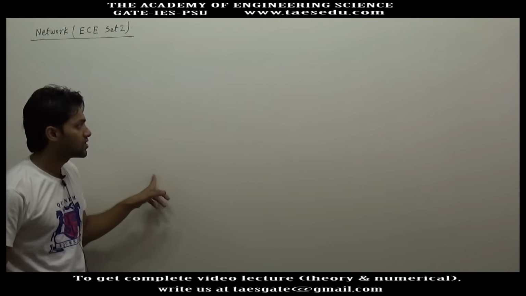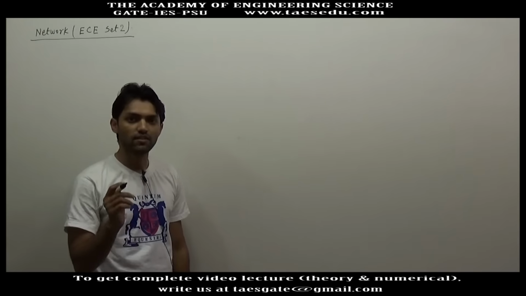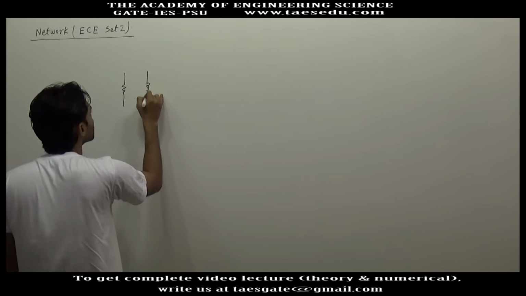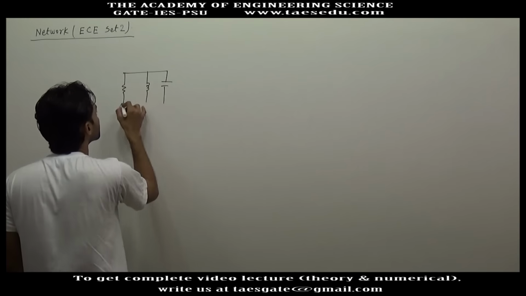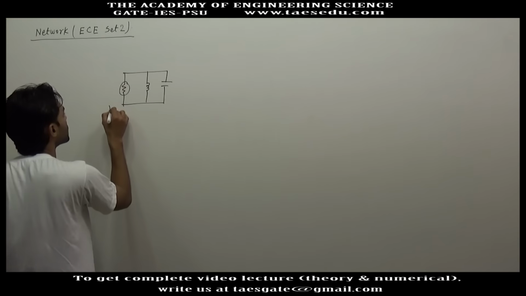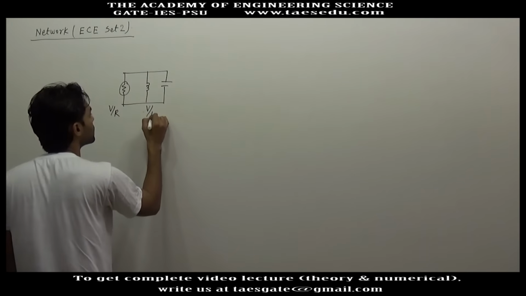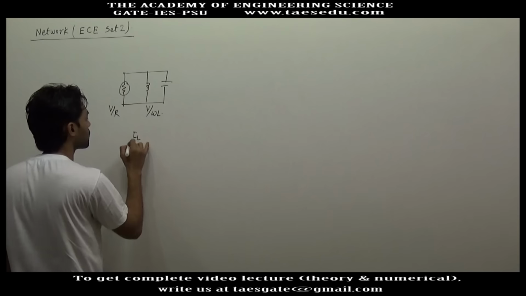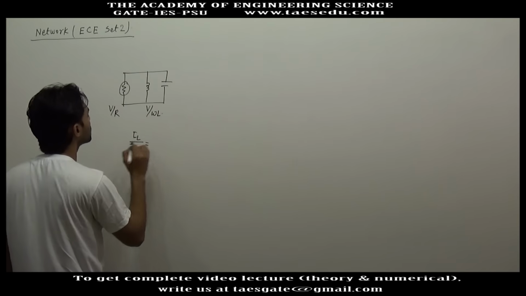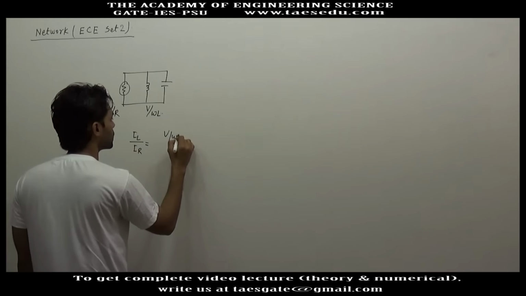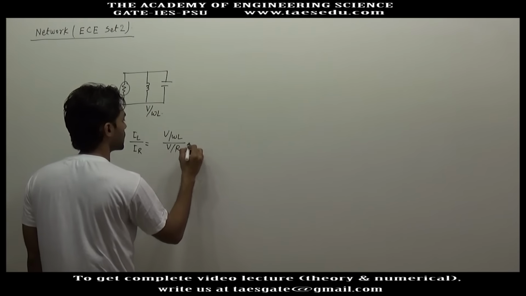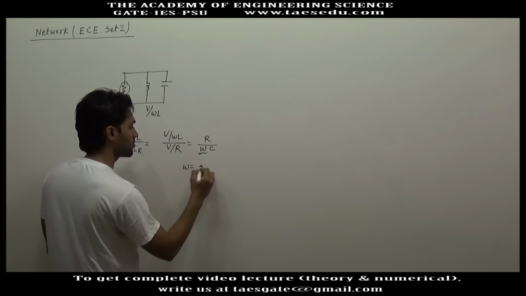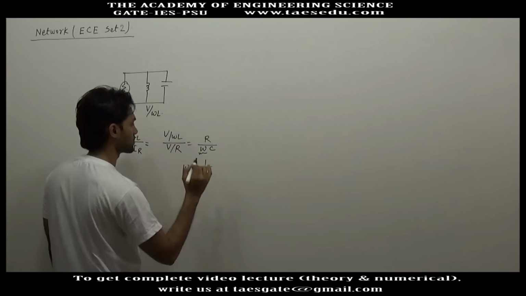In the previous question, you don't even need to find the exact value of current in the resistance, since all the elements are connected in parallel. The current here will be V divided by R, and here the current will be V divided by omega L. So the magnitude of IL divided by the magnitude of IR will be R by omega L. Then use the value of omega for the condition of resonance.